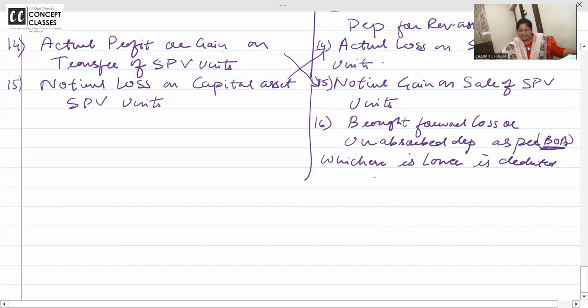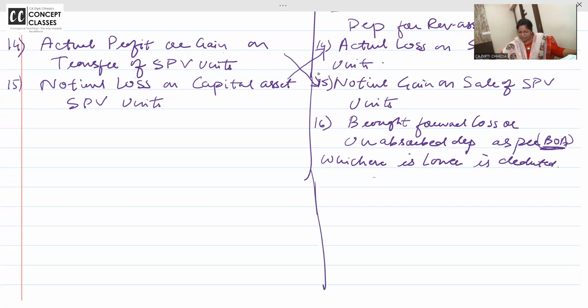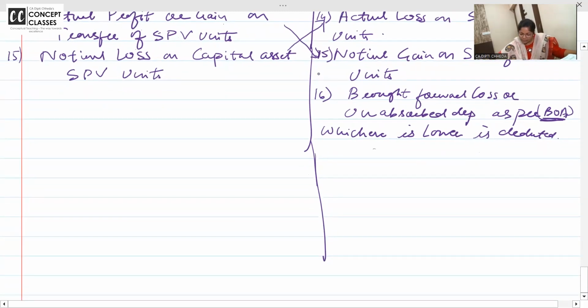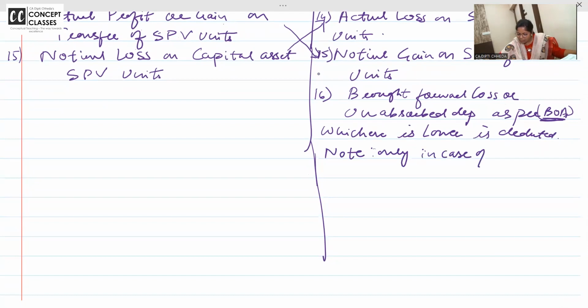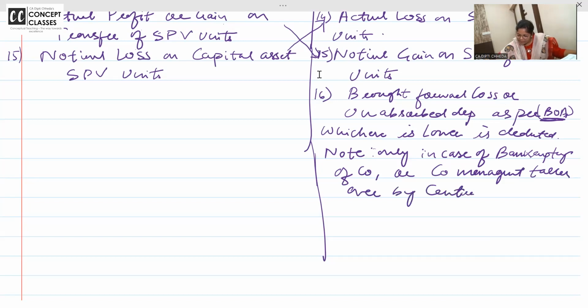Nice. 16th point is clear. Below this, write a note: only in case of bankruptcy of company or company management taken over by central government, both are deducted.